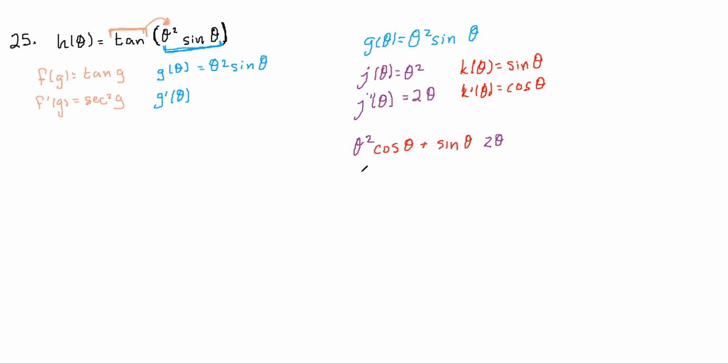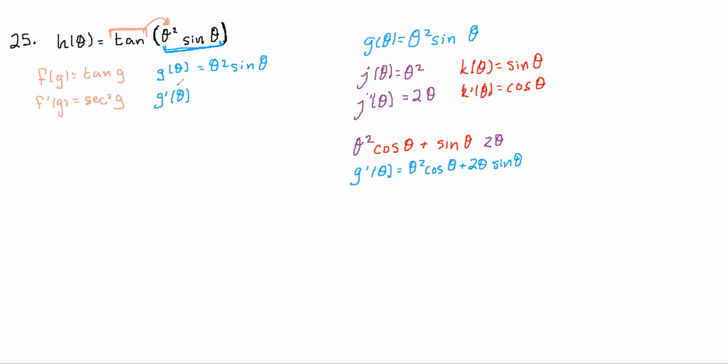And I'm going to simplify that into g prime of theta is equal to theta squared cos theta plus, there's nothing to simplify. I don't know why I said simplify. I'm just going to rearrange it and put it in blue.